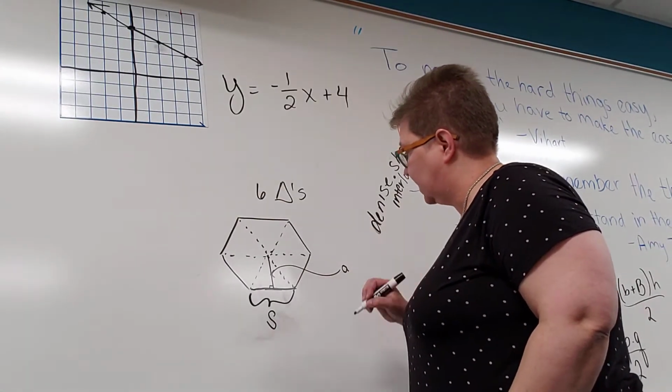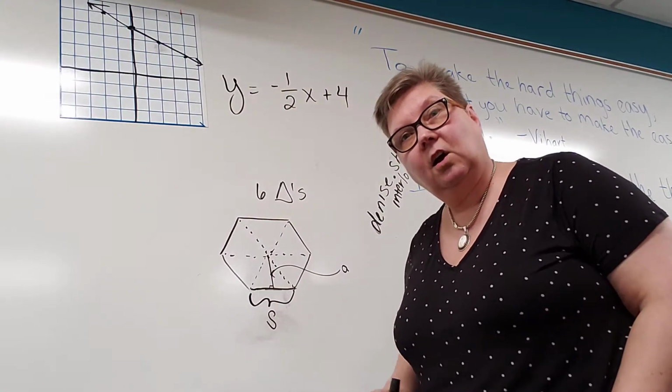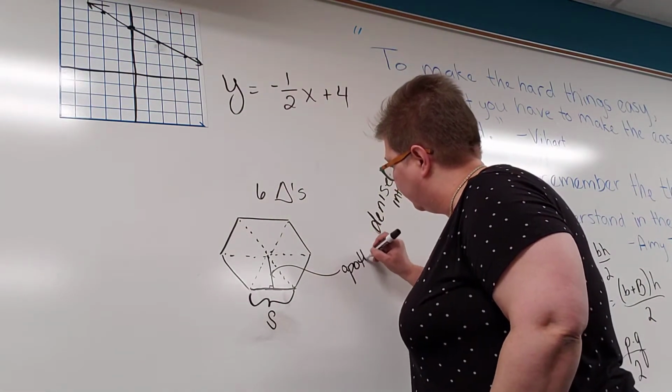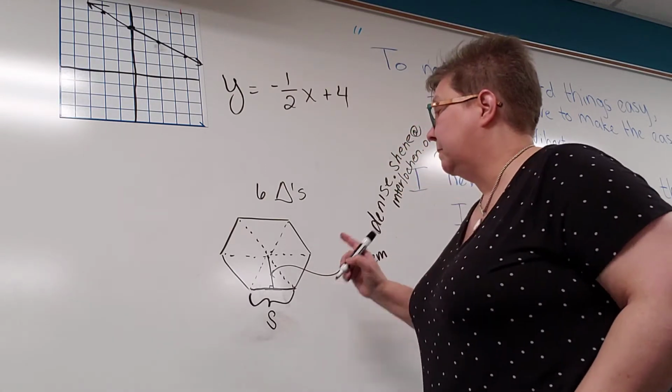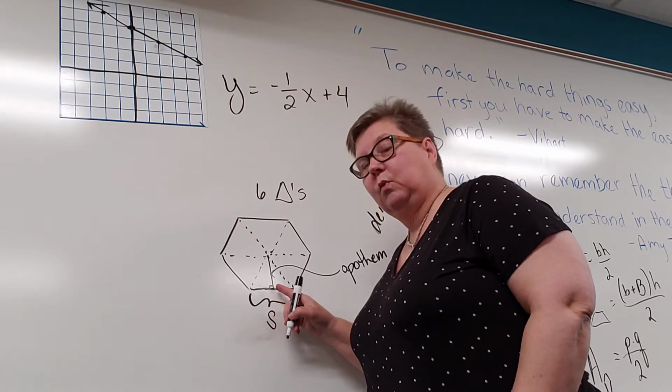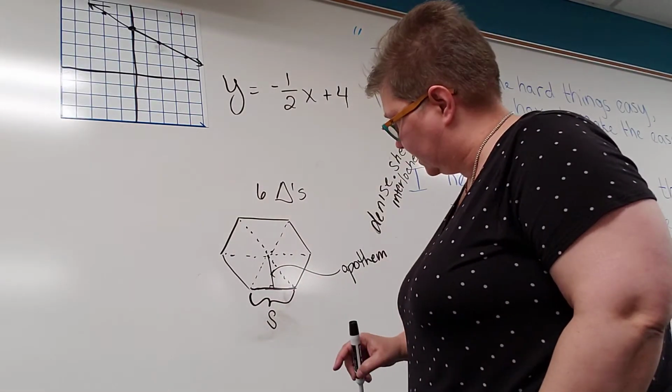And this thing right here, in the exploration, is labeled as A, because it's called an apothem. Apothems come down and make a right angle with that side.